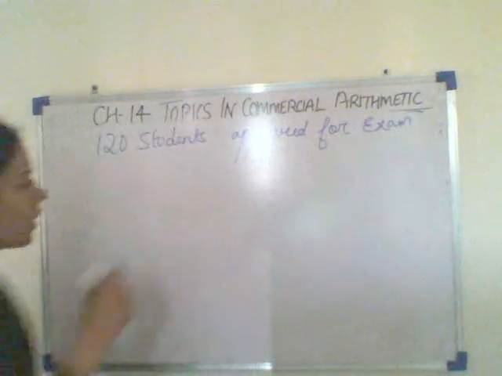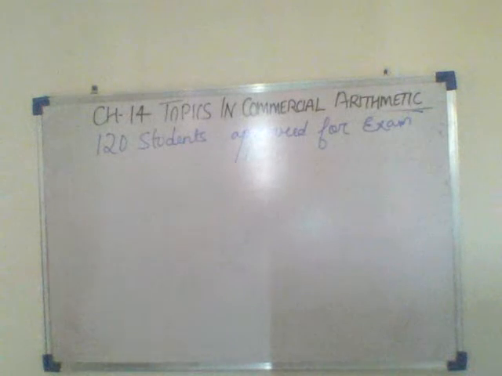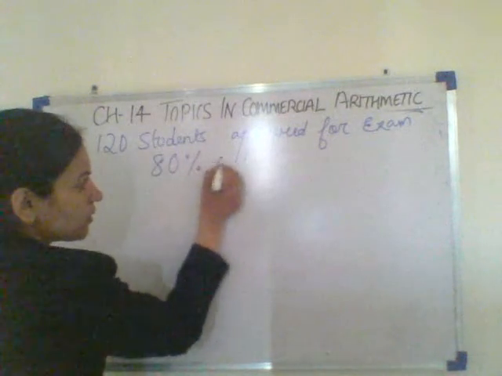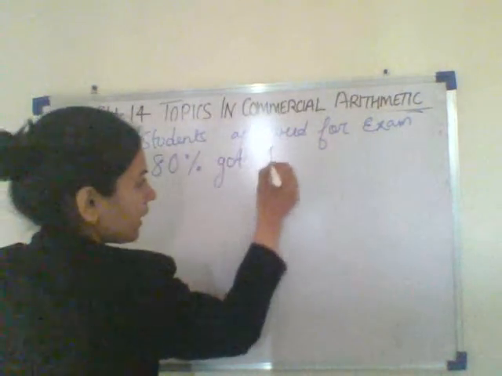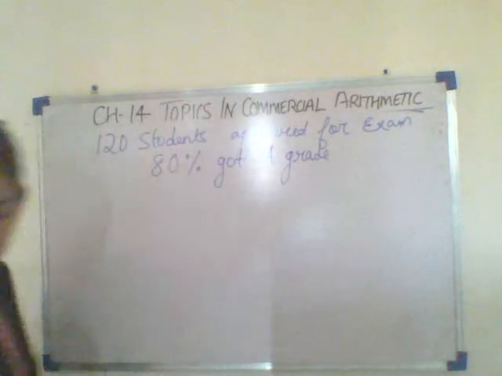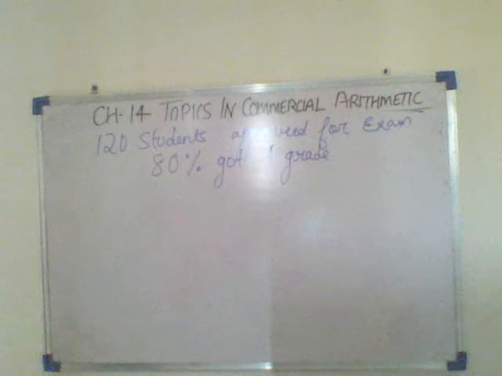Of this 120 students, who appeared for the class 10th examination, 80% got A grade. 80% of the students got the A grade. So what do we have to find out? How many students got the grade A?